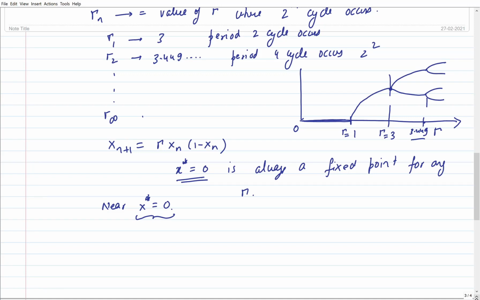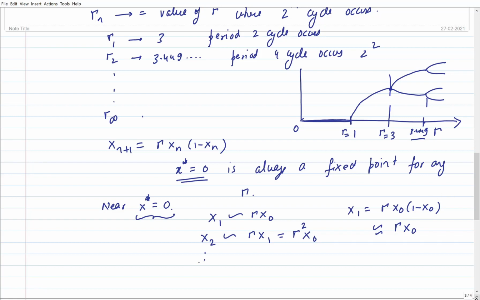So I can write my map as roughly x1 is r times x0, x2 is nothing but r times x1, or in other words, r squared times x0. Remember, x1 indeed was r x0 times 1 minus x0, and I'm just neglecting the quadratic term here.